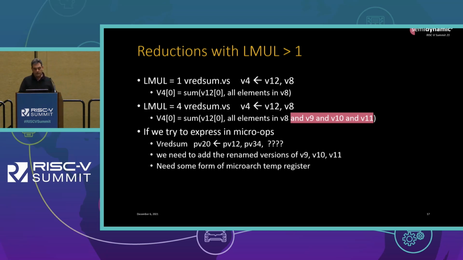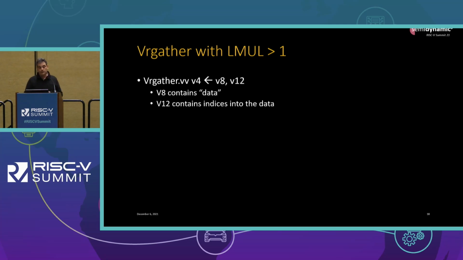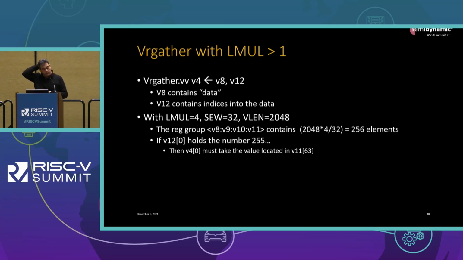So there's extra stuff. VRGATHER is even more difficult, because VRGATHER, which is a really powerful instruction, says that if you're in Elmol 4, V8, V9, V10, and V11 are a gigantic vector, and V12 has pointers or indices into this vector, anywhere in the vector.